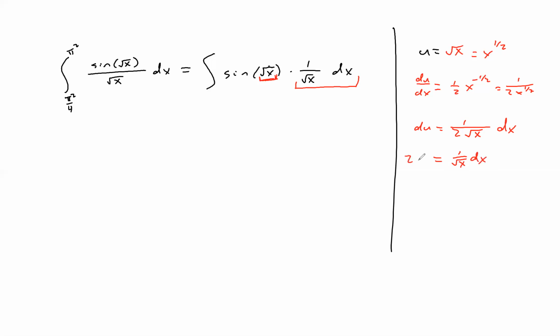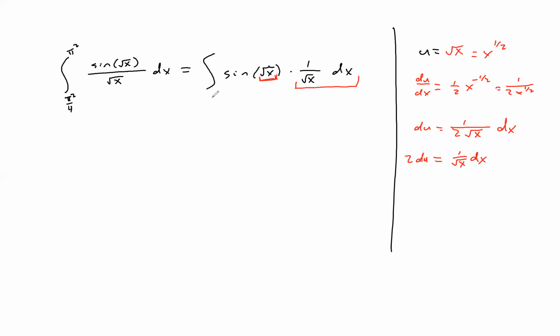And then I have 2 times du. All right, so now this is exactly what I want when I make a substitution. u is going to take the place of this inside function, and then the derivative of that inside function shows up out here. So this is the perfect setup for substitution. This is exactly what we want. So this will be a pretty easy integral.